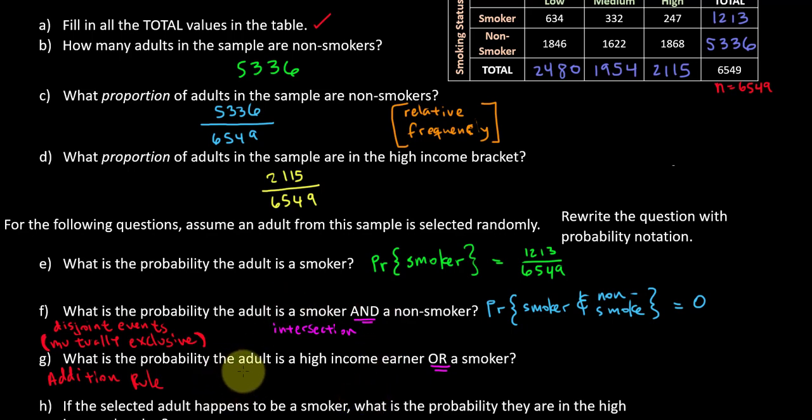So probability, got to start over here, that we've got a high income earner or a smoker, we are going to get the individual probabilities.